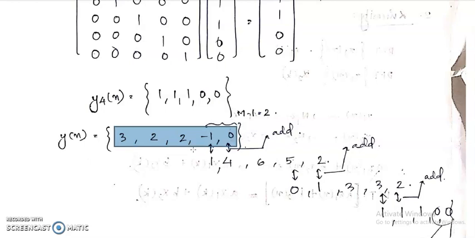Here we first write the y1 of n, that is the first block. Then we write the second block y2 of n, y3 of n and y4 of n in such a way that we take the first block and its last m minus 1 elements. Here m is 3, so m minus 1 is 2.